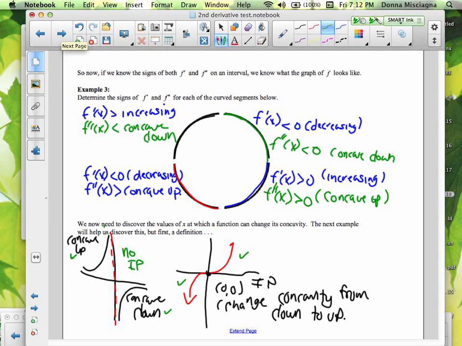And here we have an inflection point, (0, 0). We change concavity from concave down to concave up. So those are the two places where we can change concavity, either at an inflection point or at a discontinuity.